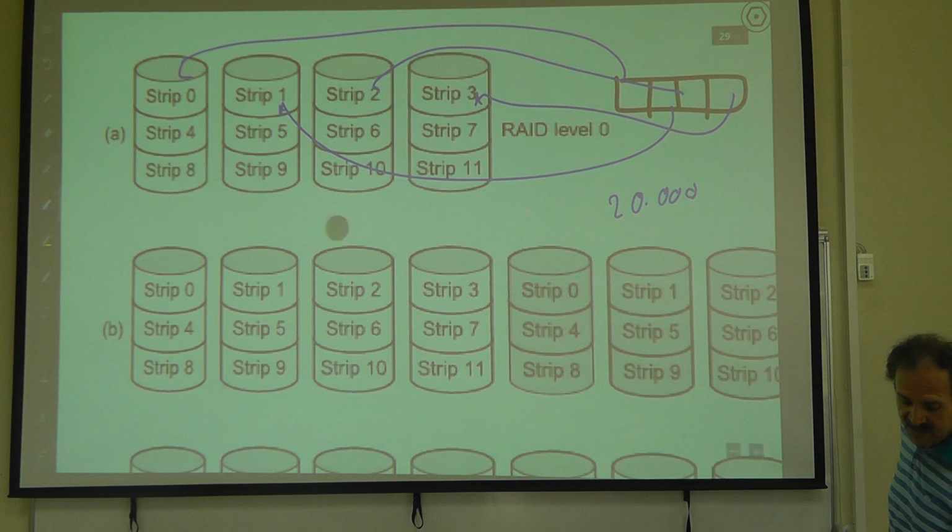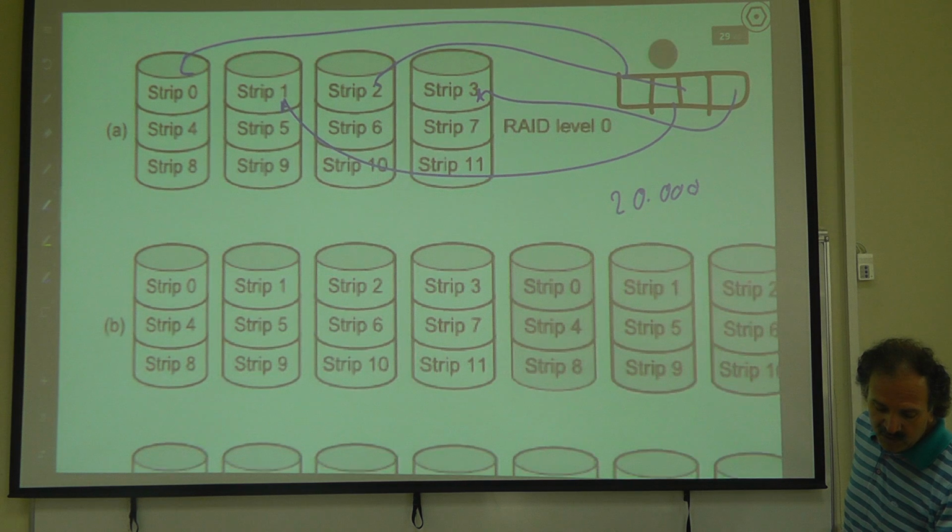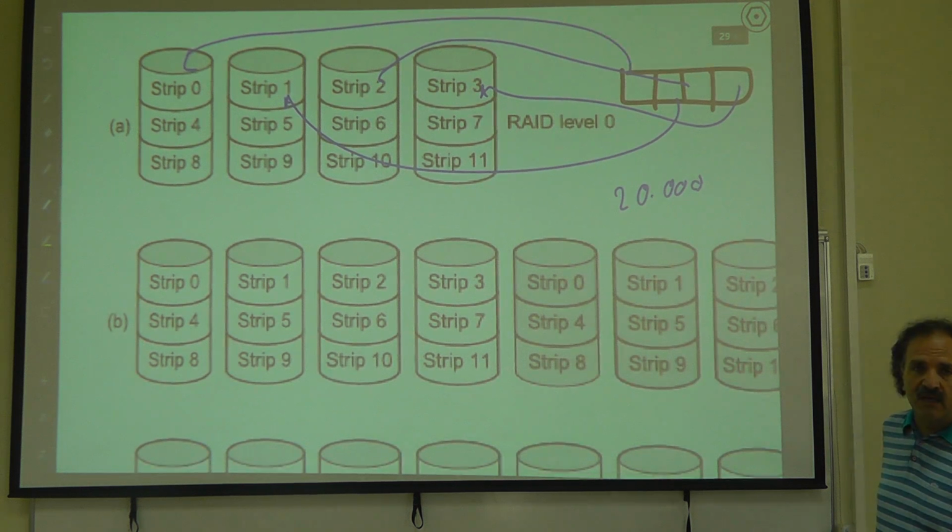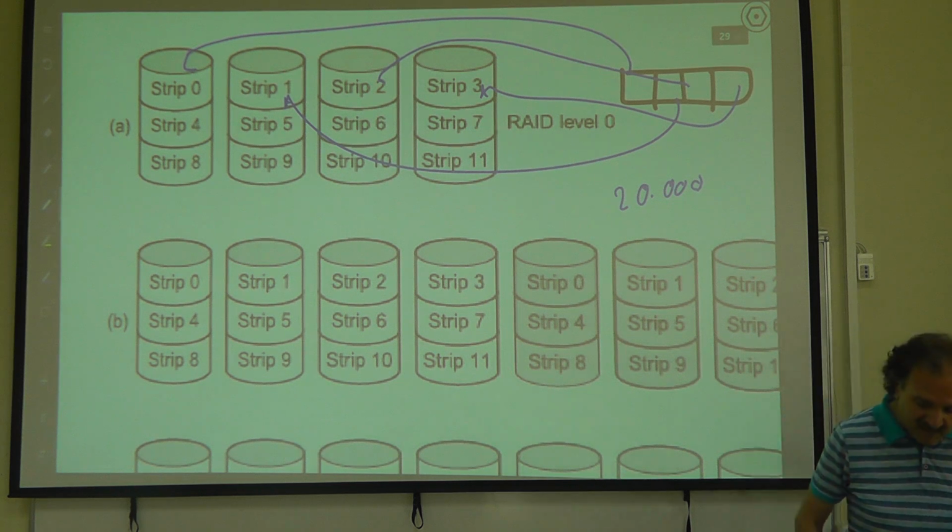It says 20,000 hours for each of them, so with 4 of them there is an increased risk of a disk failure. If one of them fails, then I lose 2 bits of data, and all of my data will get corrupted.